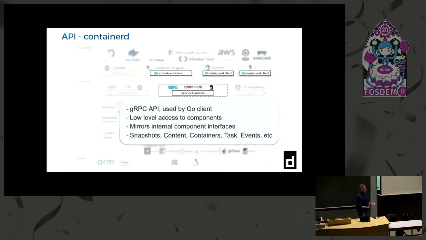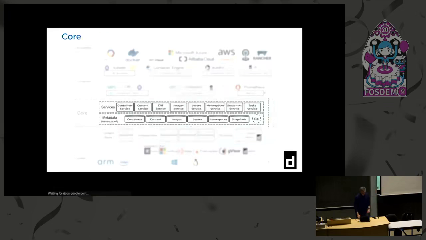And that part of Containerd is strongly versioned with all the guarantees of SemVer versioning. And I don't think we've actually broken, even across all the releases to date, any of those gRPC level service APIs. So again, you can talk to snapshots, content, containers, tasks, events directly through that API.